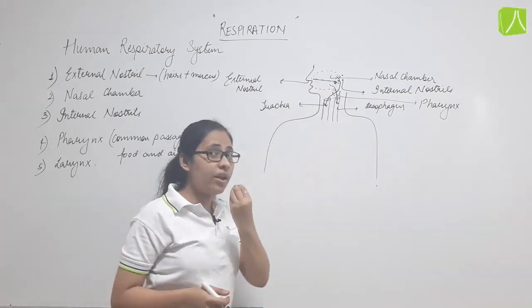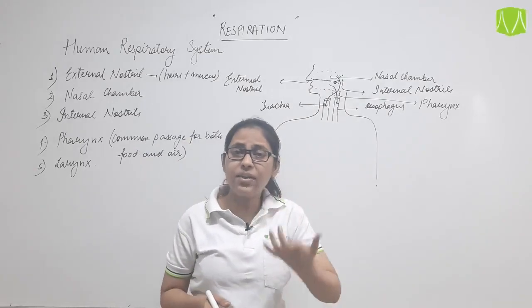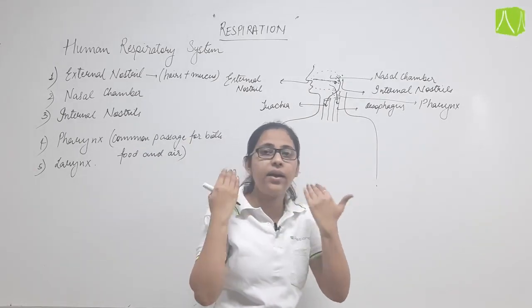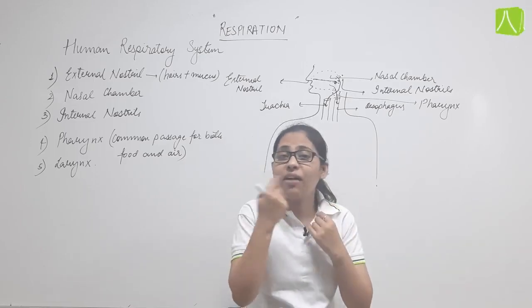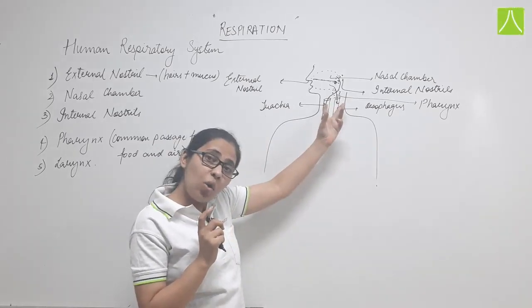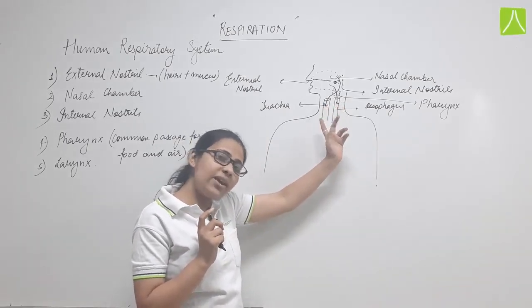Whenever we open our mouth broadly and look in the mirror, we see posteriorly, right at the posterior end, two openings. These resemble the openings of the food pipe and windpipe, that is, the trachea and esophagus.